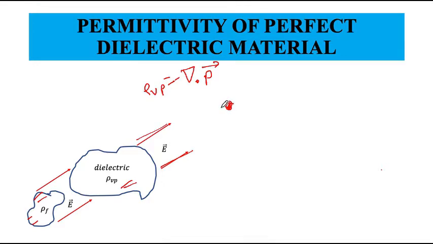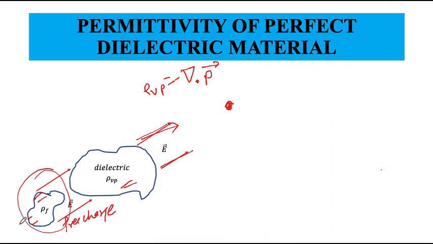The potential will be because of the charge distribution. Let us call this rho F, indicating free charge. These are the charges which we have placed, and these are the charges which are actually responsible for the external field and for polarizing the dielectric.